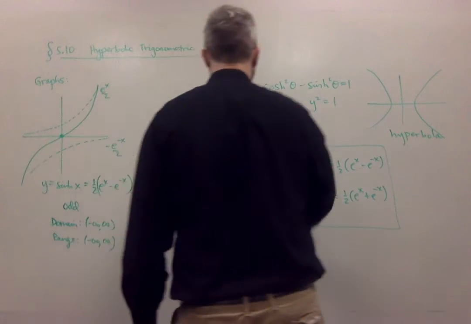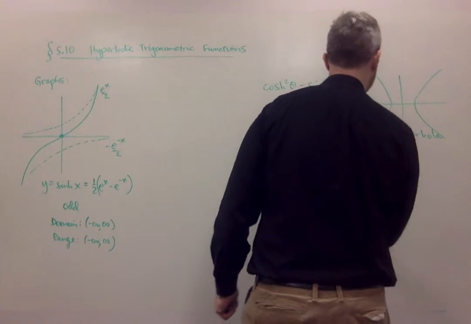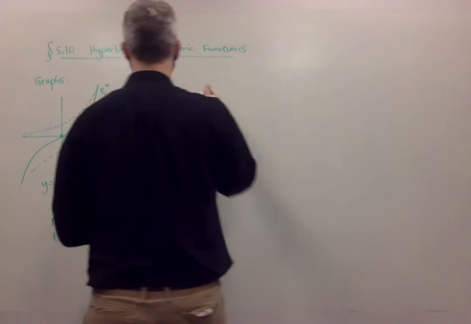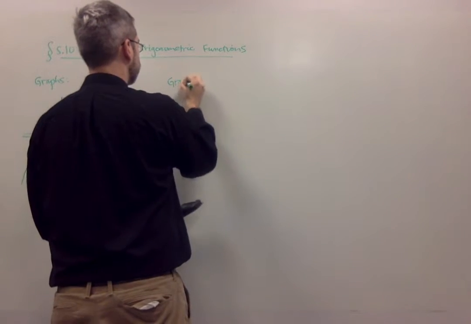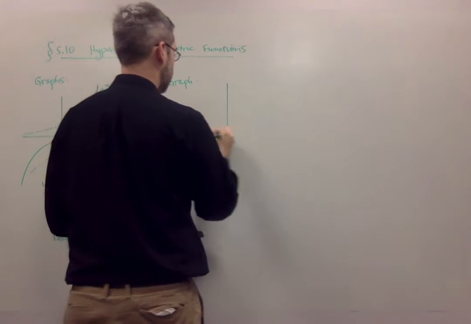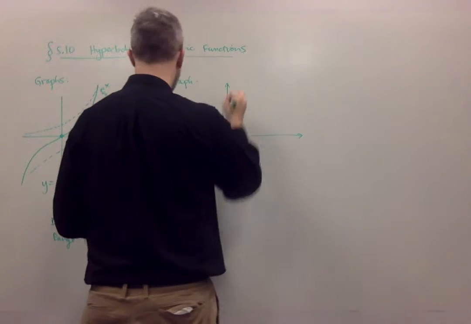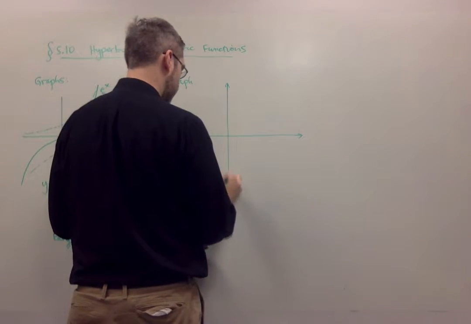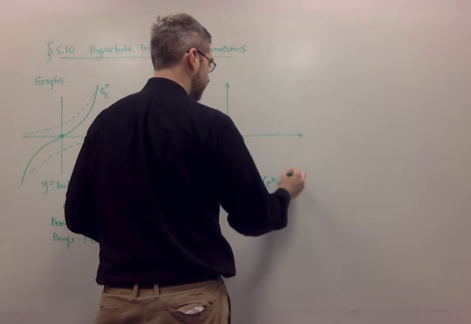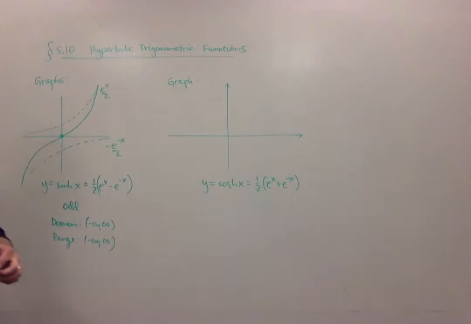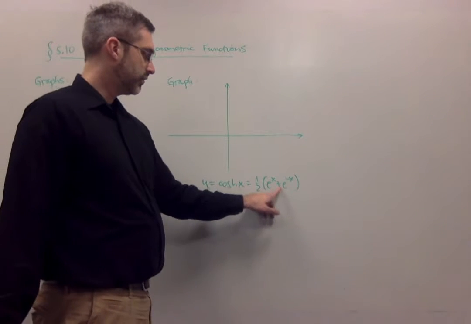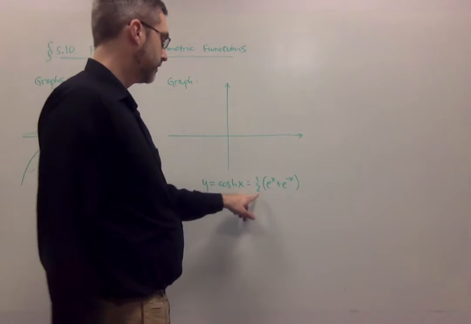Let's go ahead and graph hyperbolic cosine. So you have the graph of that as well. So y equals cosh x, so that's 1/2 e to the x plus e to the negative x. Now, one thing you'll notice is if you plug in x equals 0, I get 1 plus 1 is 2, divided by 2 is 1.